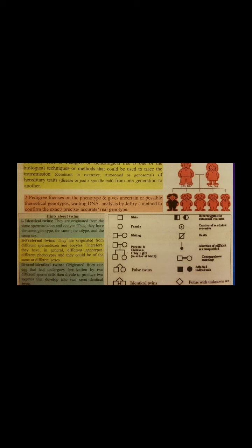So I have two sperm that fertilized two oocytes. Therefore, they have in general different genotypes, different phenotypes, and they could be of different or the same sex. Both could carry X and be fraternal girls, or one X and one Y and be fraternal, one boy and one girl.